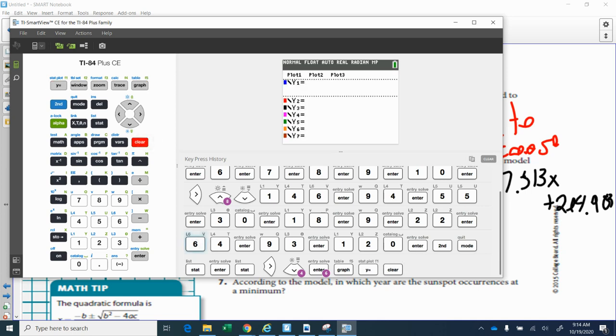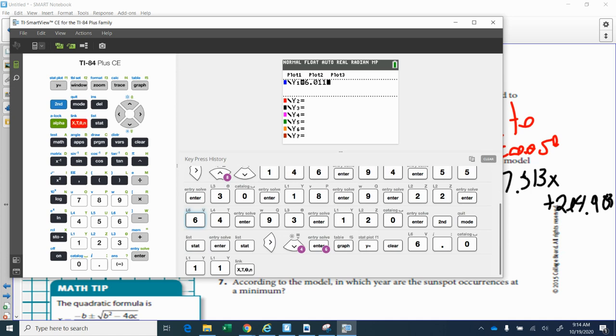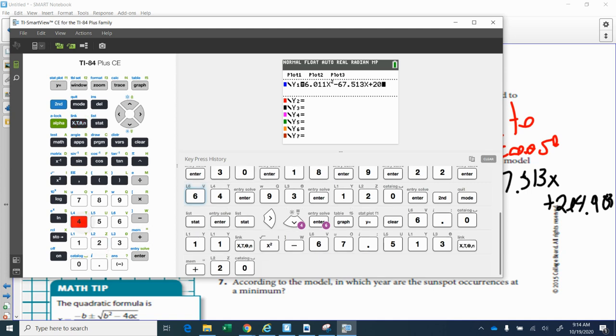So we had 6.011x squared minus 67.513x plus 204.983, right? That was our actual equation.